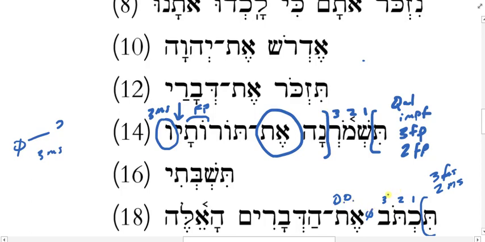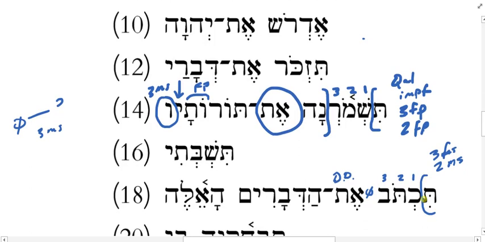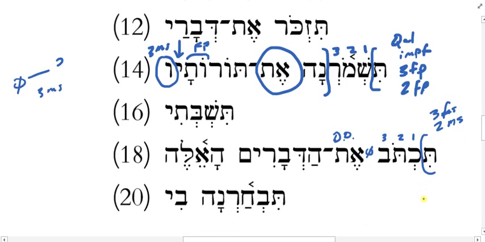Now remember, we have no context here, so we don't know truly which one of these is the best way to parse it. But we do know that this is the cal imperfect with 2 possible person gender numbers from kathav. Okay? So what will she or you write?